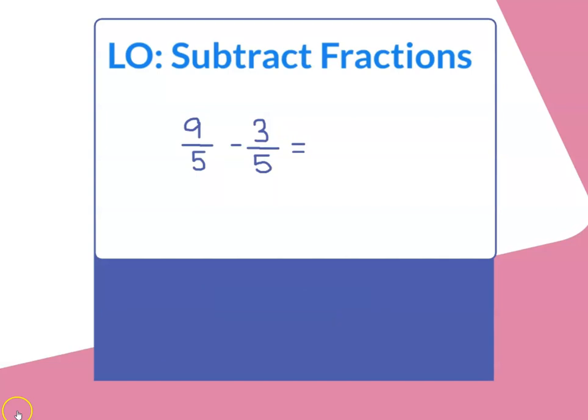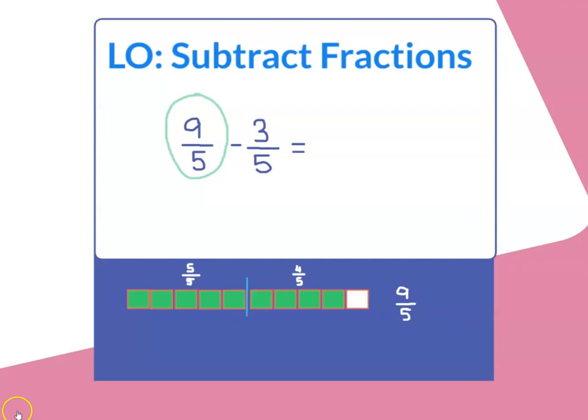Let's have a look at this example. Here we're subtracting a fraction from an improper fraction. 9/5 is an improper fraction. It is greater than 1 whole. I'll illustrate this on a bar model.